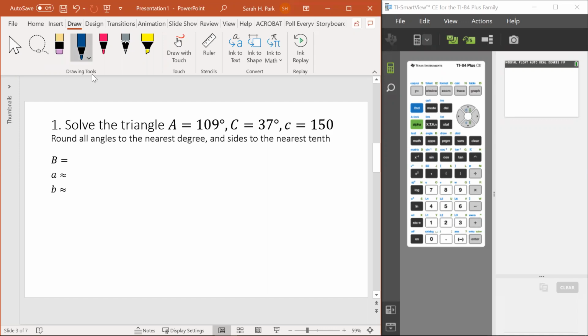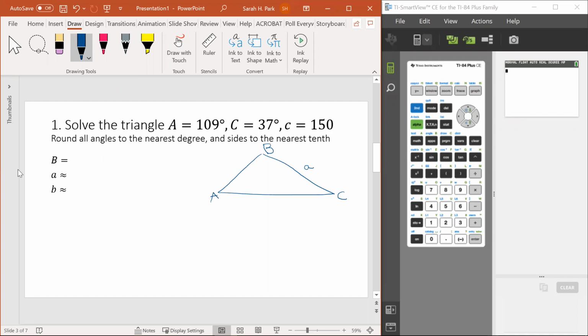I'm a visual learner, so I like to draw a triangle just to label it here. So we have an oblique triangle. Notice how I'm drawing a triangle that does not have a right angle. Let's label it angle A, angle B, angle C, and directly across from angle A is side a.